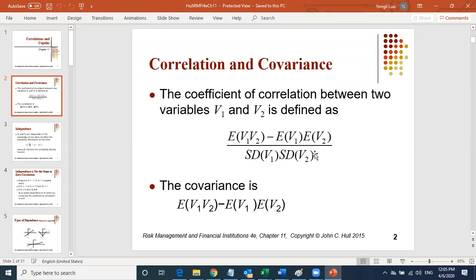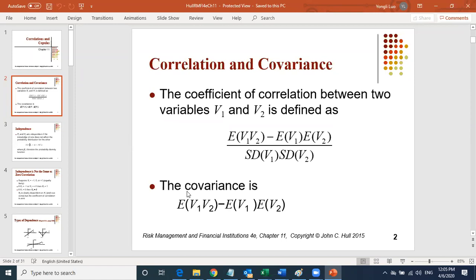Basically, the numerator is called covariance, and the denominator is the product of the standard deviations. So that's how you calculate covariance.